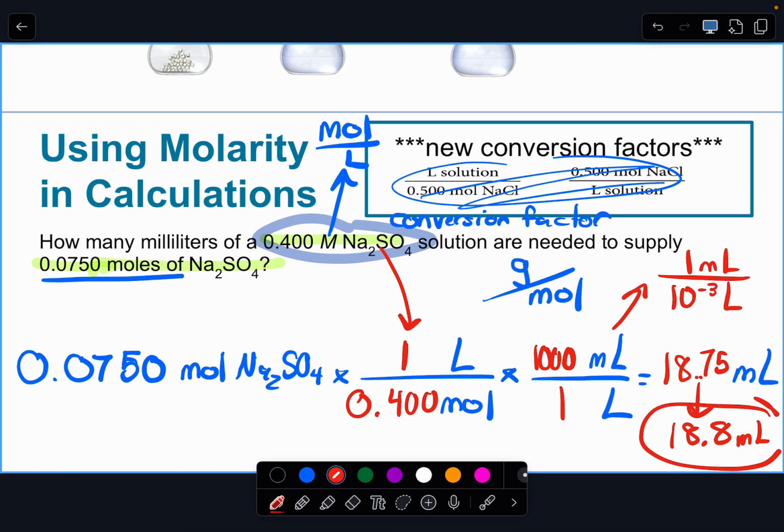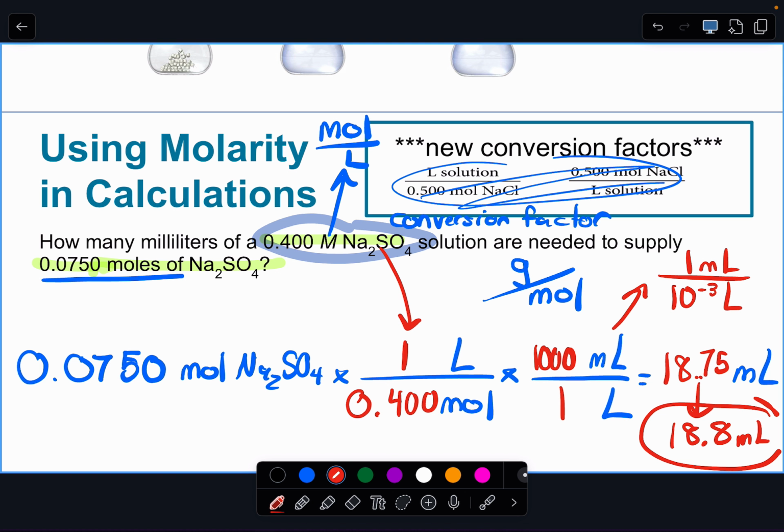So this calculation tells me now I'm going to pour out 18.8 milliliters, and in that 18.8 milliliters is going to be 0.0750 moles of sodium sulfate. So that's what the calculation is telling you, what you're actually doing there.